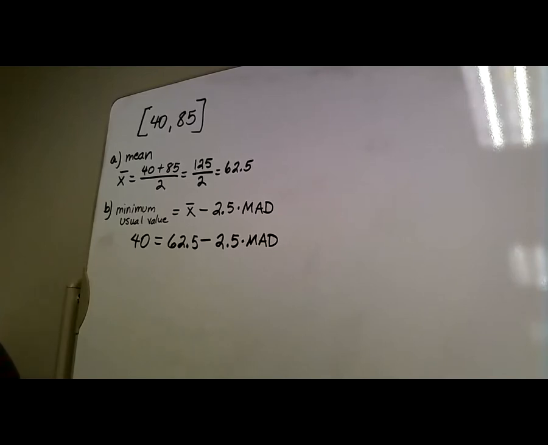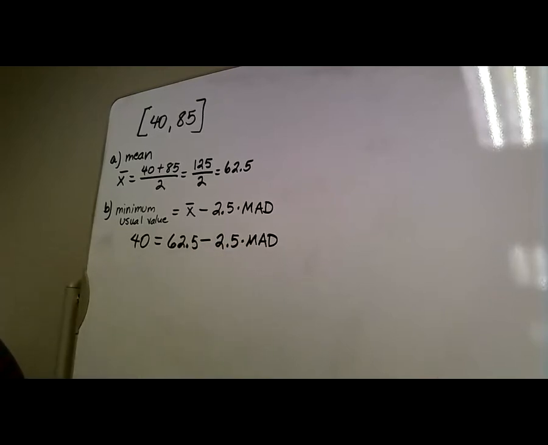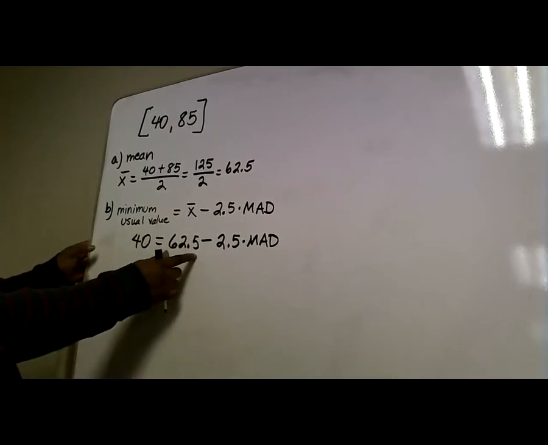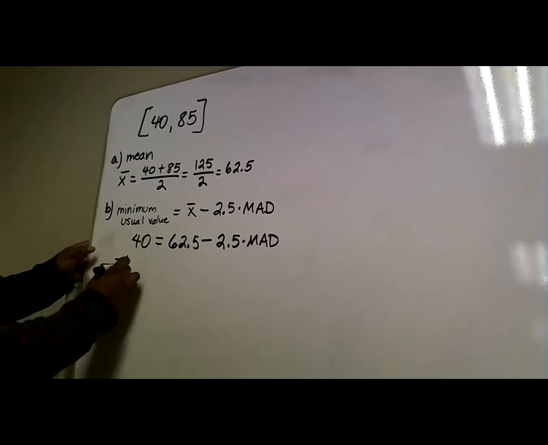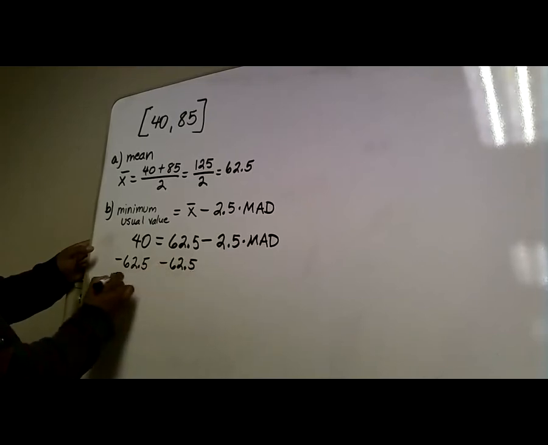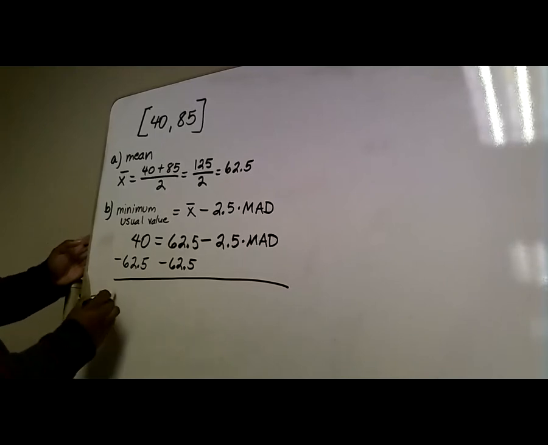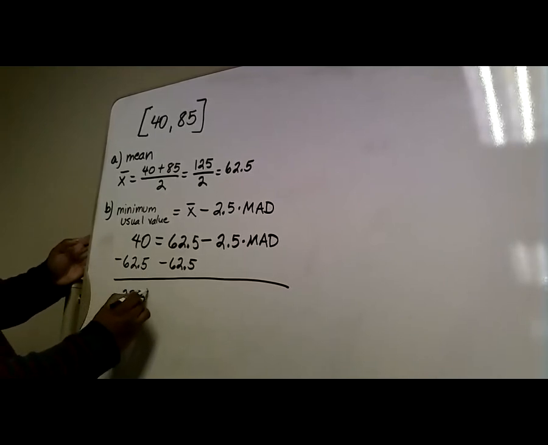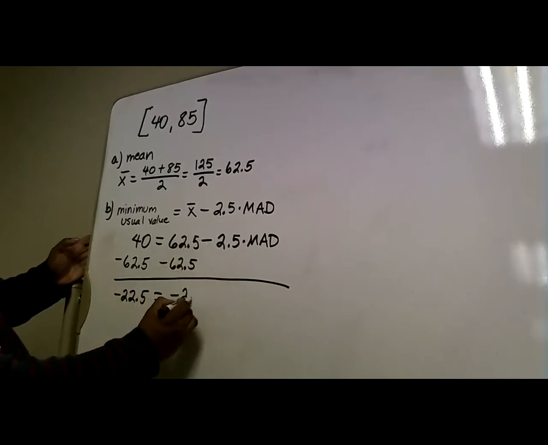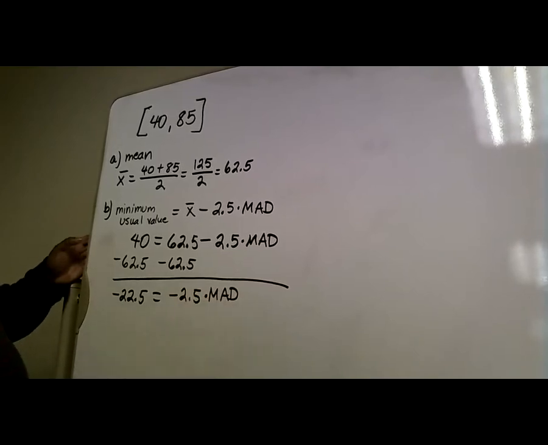So this is one of those equations where you have to get the mean absolute deviation, MAD, by itself, just like solving an equation with a variable in it. Let's move the 62.5 over where the 40 is by subtracting 62.5 on both sides. So what's 40 minus 62.5? Negative 22.5. That's equal to negative 2.5 times the mean absolute deviation.